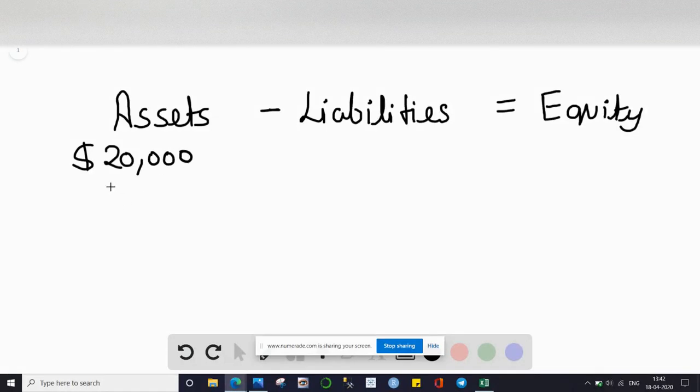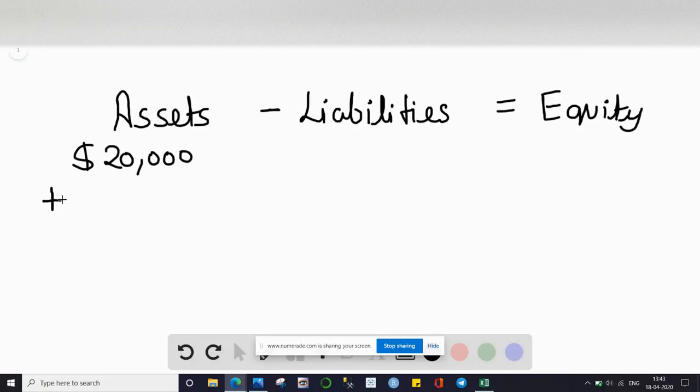Your customers are trustworthy, so you have given them 30 days to pay. After 30 days they will pay you for the games. So you are likely to receive $20,000 from your customers. This will be your assets.